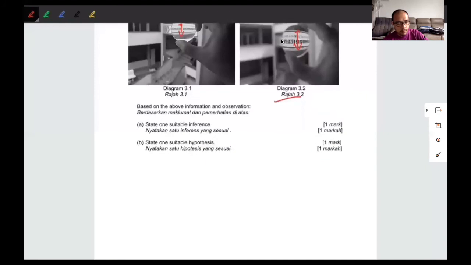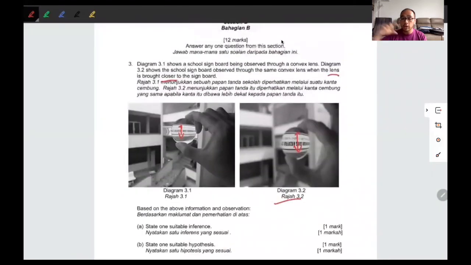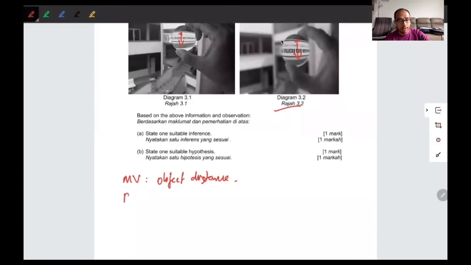So in this experiment, the manipulated variable is the same, the object distance, because you're moving the lens far and near, moving closer to the signboard. But what is the responding variable? The responding variable is the image height.